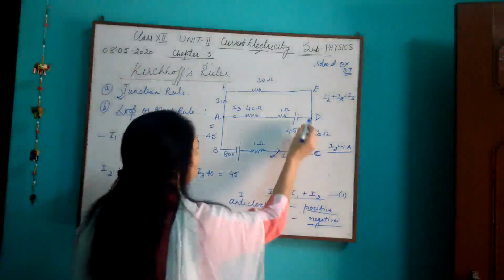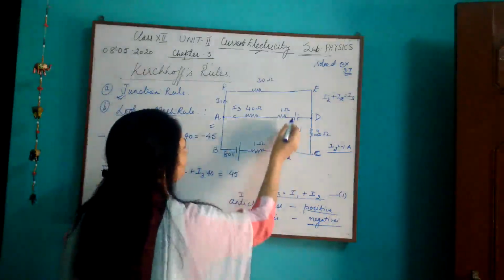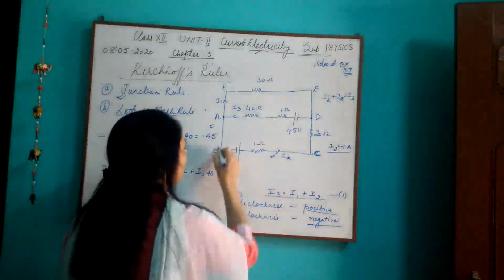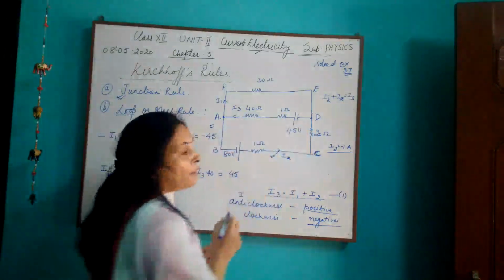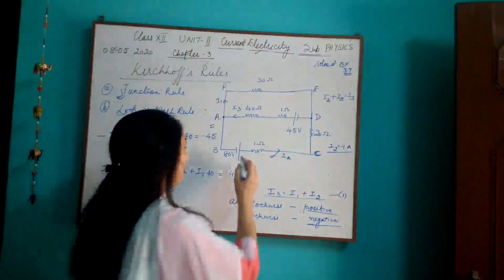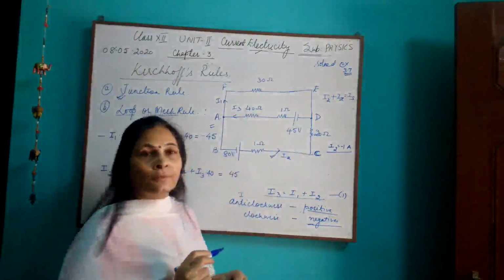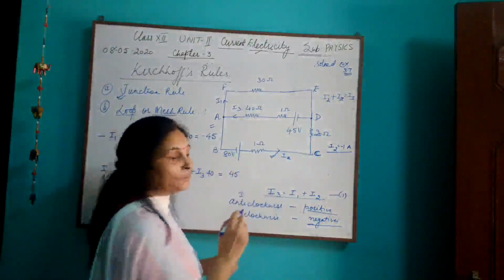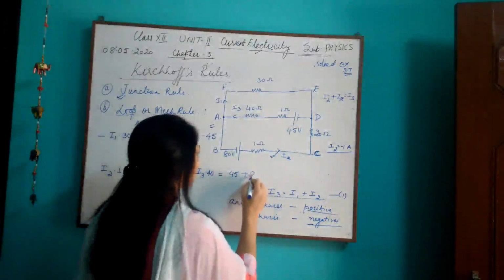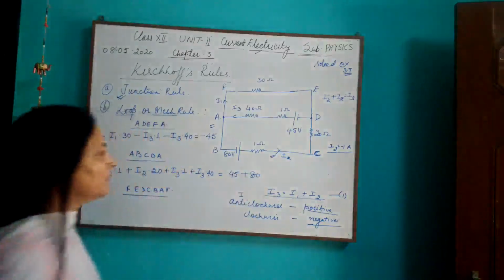Positive to, here we had gone positive to negative anti-clockwise, positive to negative anti-clockwise again, so positive plus 8.